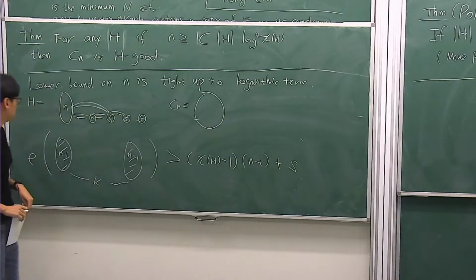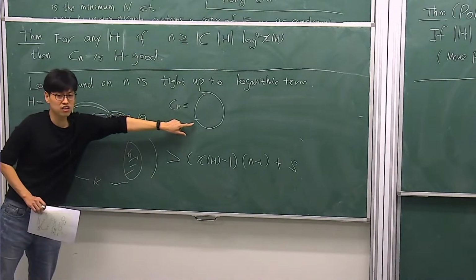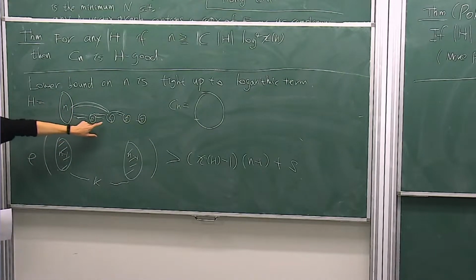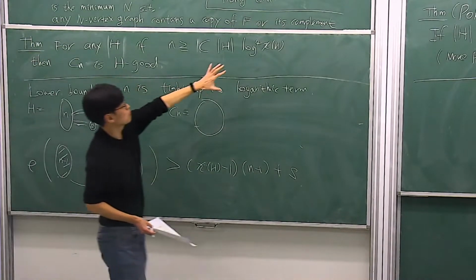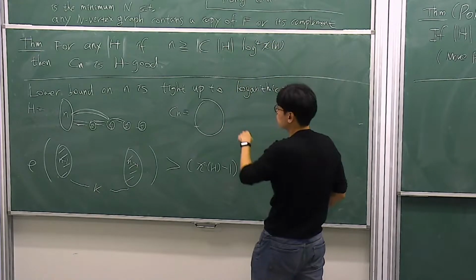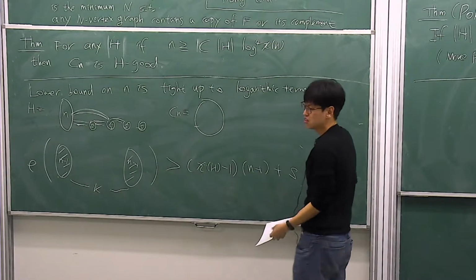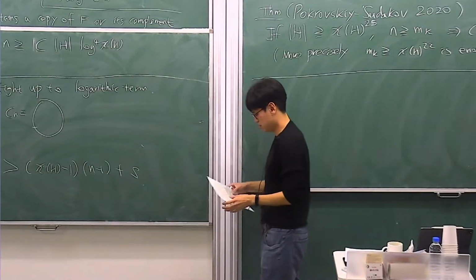So this shows that in this case, this Cn is not H-good. And this is n vertices, and H has, these are small, and this also has around n vertices. So if you remove this, it might still be true, but you cannot go below. So n has to be at least linear in terms of the number of vertices in H.